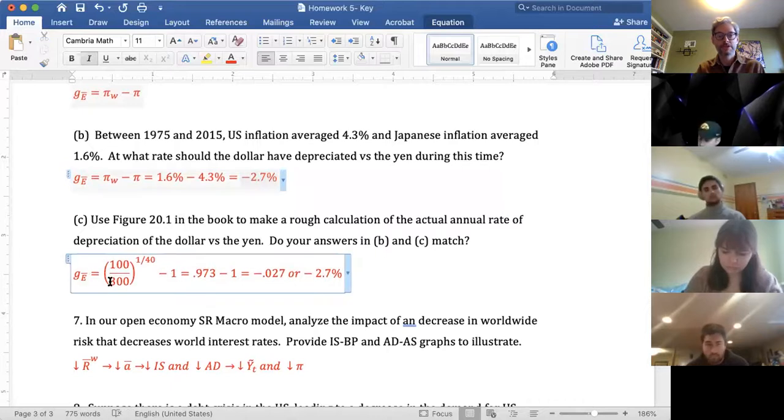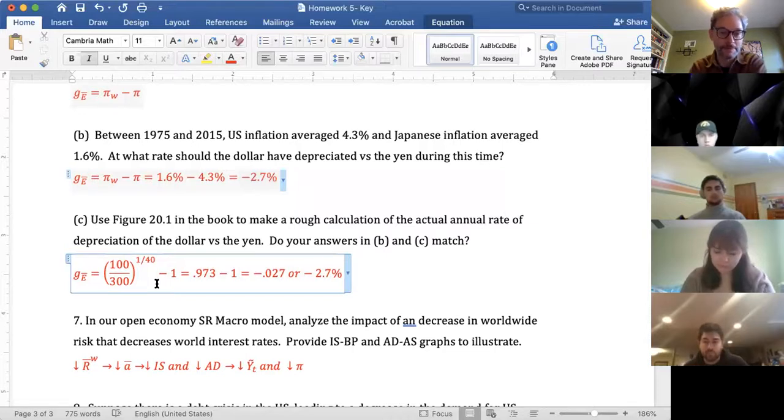What happens if you actually look at the data? So if you calculate the implied growth rate using our implied growth rate formula, Brahm, I think I actually just copied this. I got tired of typing, so I just copied this equation from you.